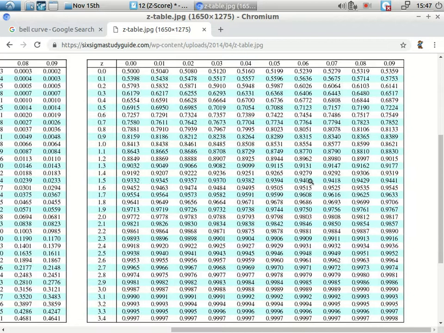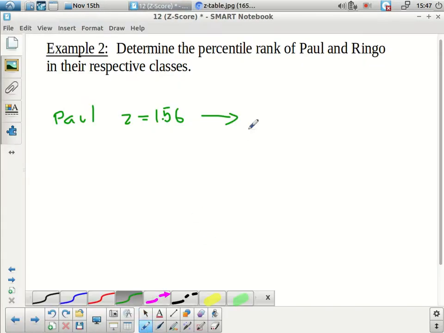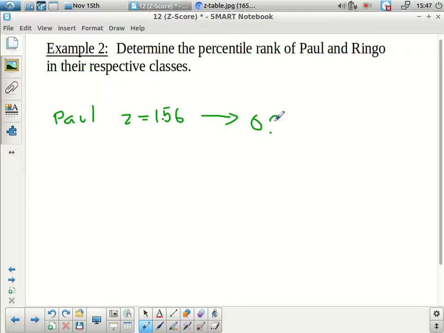So I get 0.9406, which is approximately 94%. So what the table has told us is that in Paul's class, he is doing better than 94% of the class. He is near the top of that class.